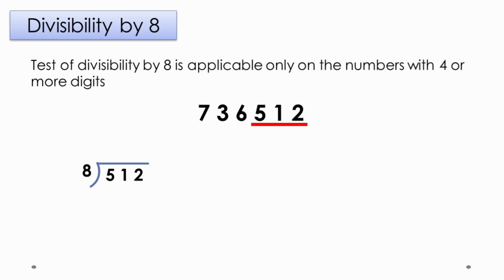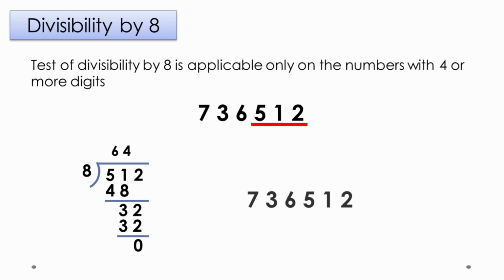This time we will have to actually divide the number formed by the last three digits, which is 512. As we divide 512 by 8, we are not left with a remainder. So, if the number formed by the last three digits, 512, is divisible by 8, then the entire number 736512 will be divisible by 8.